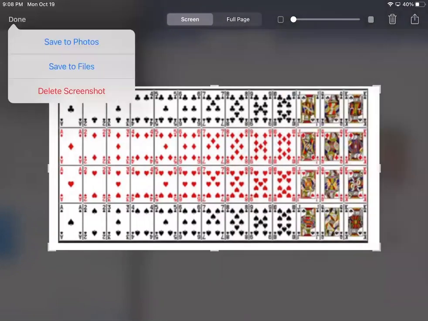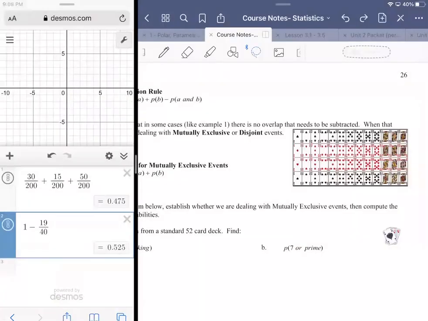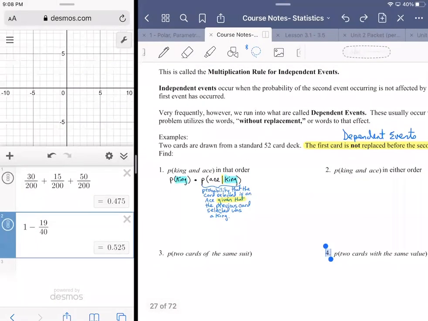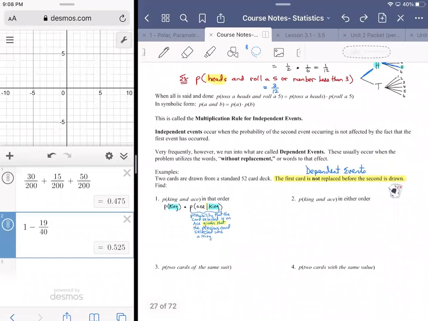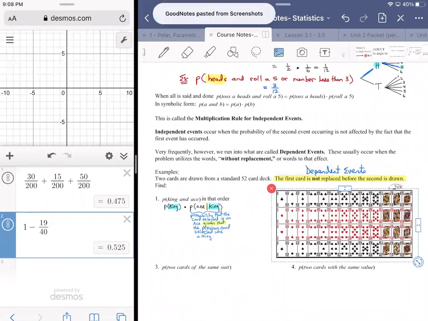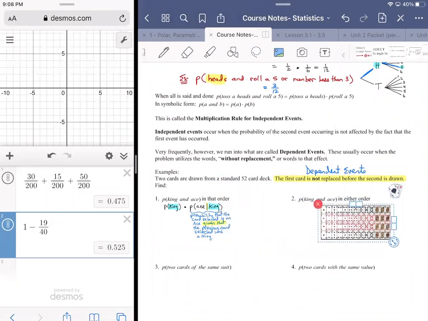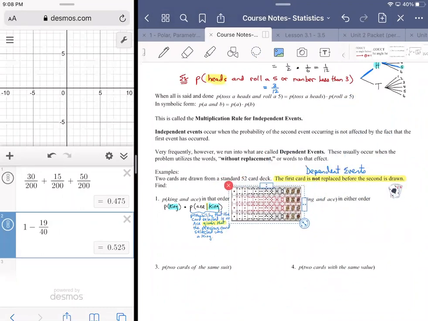Copy that, save to photos, and then bring it in. No good place to put it. I'll just make it super tiny and then just zoom in.